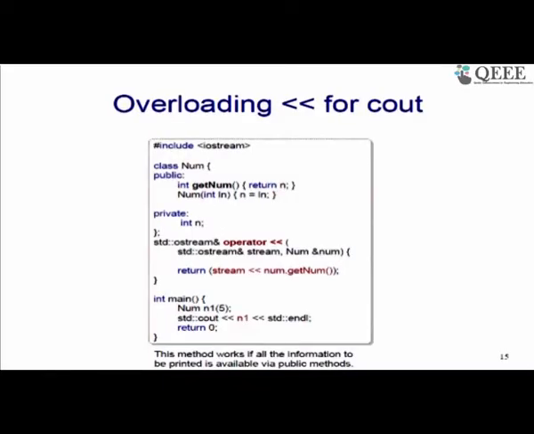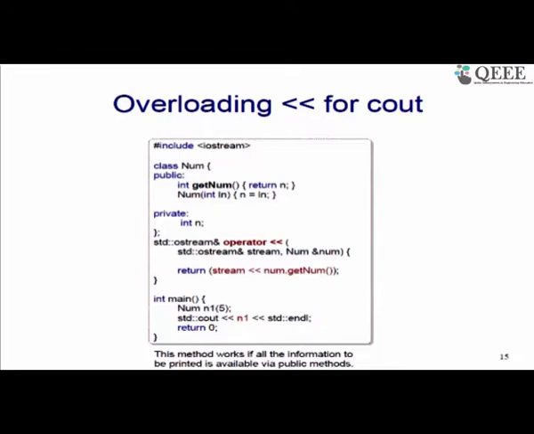However, if a certain function or a class is defined as a friend, then that friend is able to access those private variables. So this is a concept which is used inside C++, and the notion of friend functions will help us solve this problem. So how does this solve the problem? Let's see.